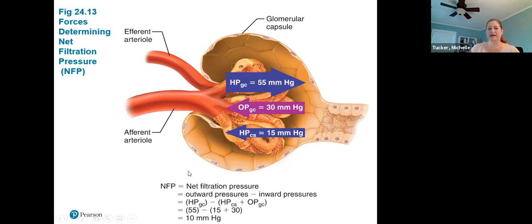Also be able to calculate net filtration pressure. These numbers might not be exact. They may be off by 1 or 2, so that I know that what you're actually doing rather than just memorizing 10. So if you're given 60, this would be 15.